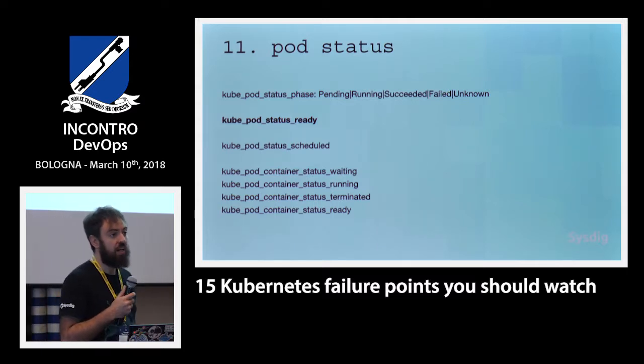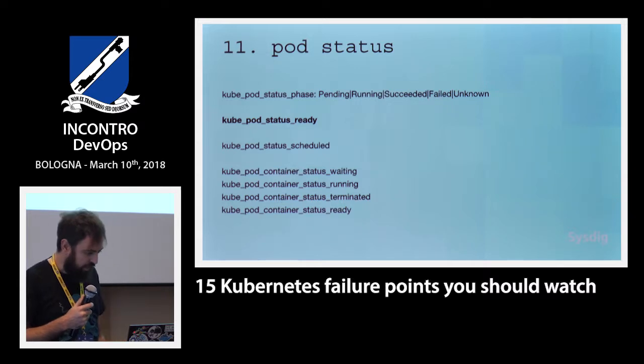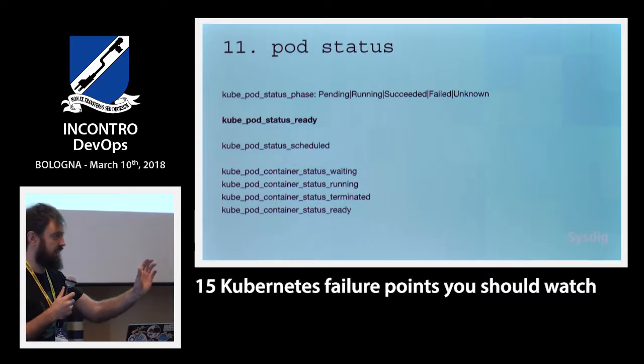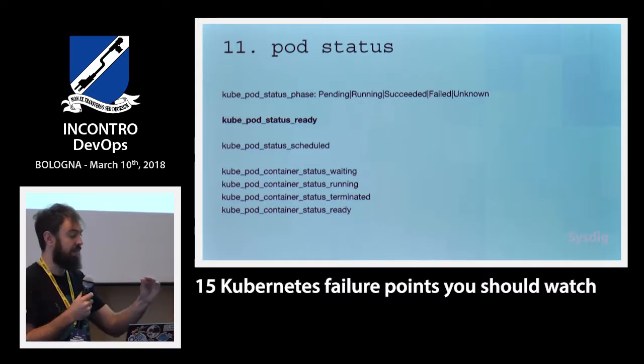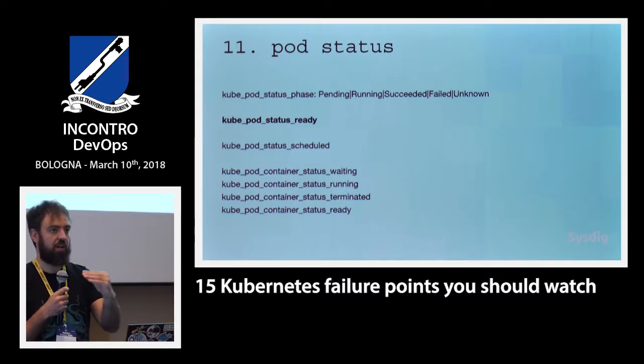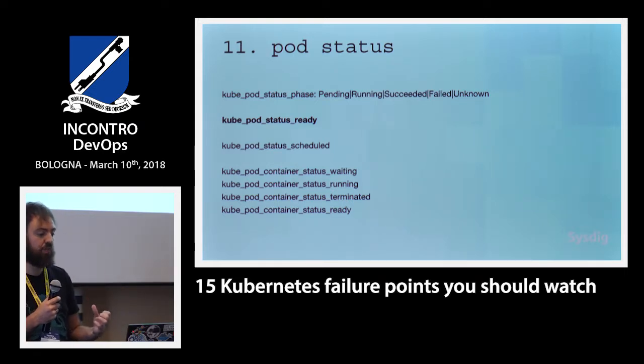Did it succeed and start, or did it fail? There are multiple phases in that process of creating a new pod, and depending on the phase where that pod might be hanging, it's going to give us clues on what's failing.